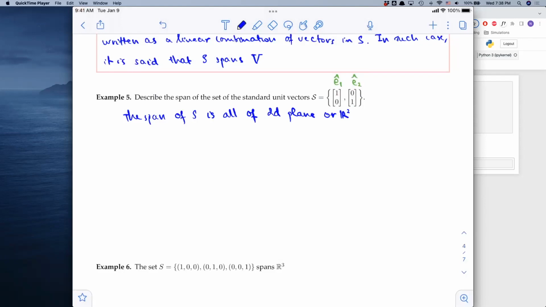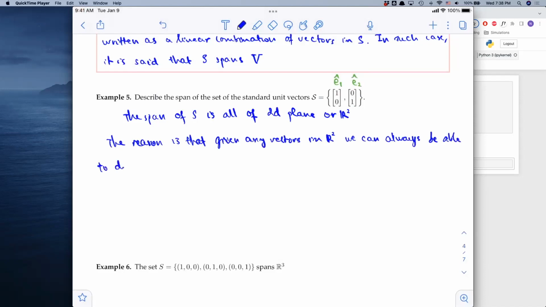The reason is that given any vector in R2, we can always describe the vector as a linear combination of E1 and E2.